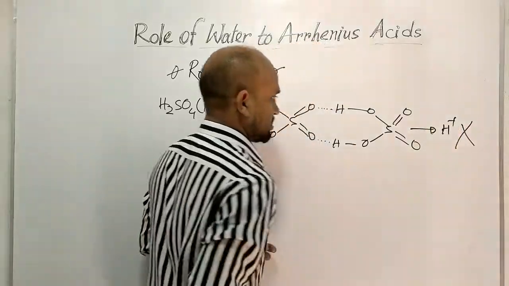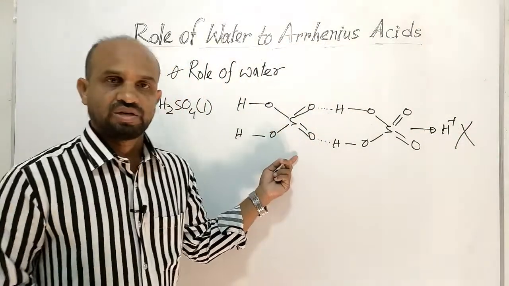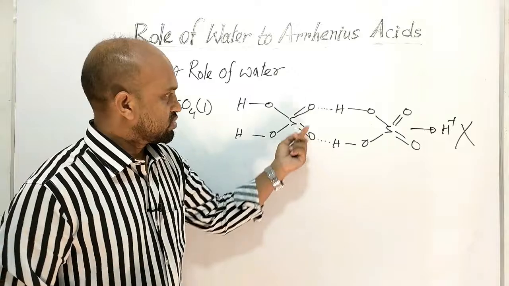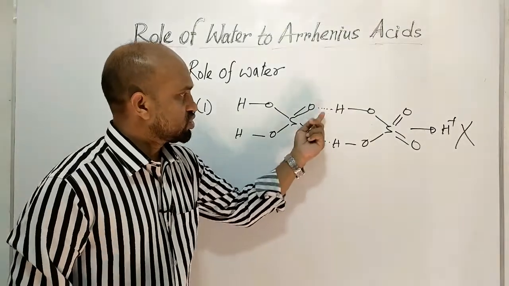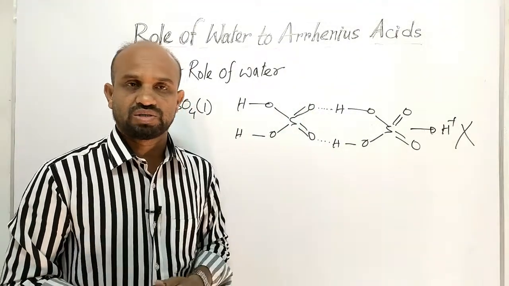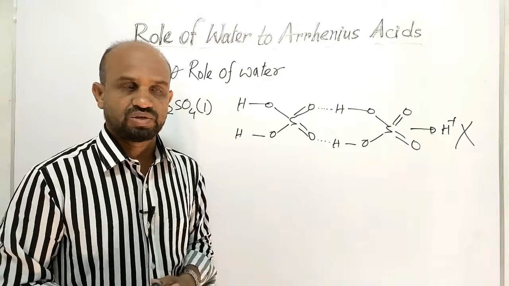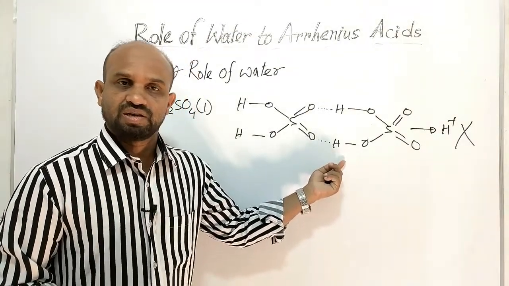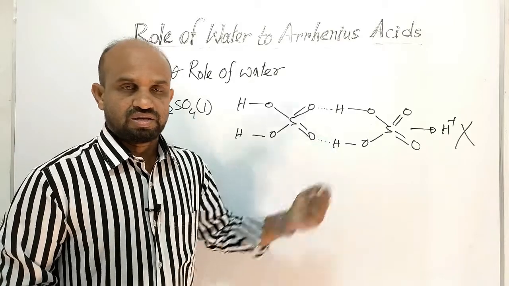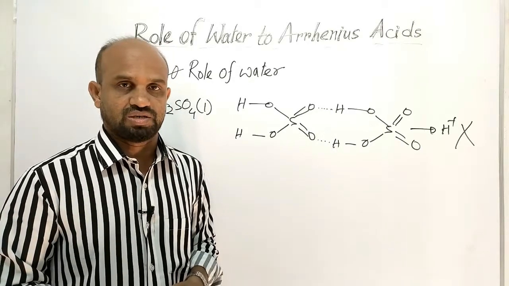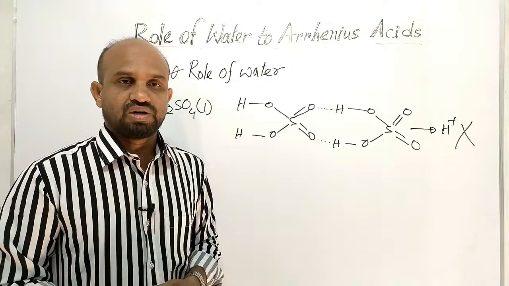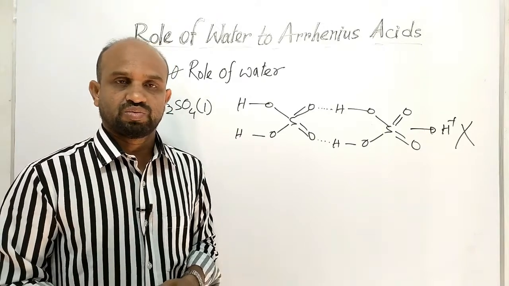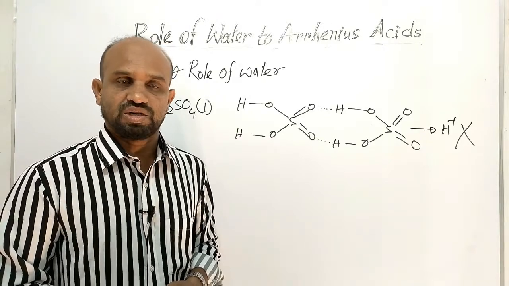No proton is created from sulfuric acid in absence of water. Because of the presence of two hydrogen bonds between two molecules, sulfuric acid remains thick and sticky. This is known as viscosity. Now let's see how sulfuric acid produces protons in water.